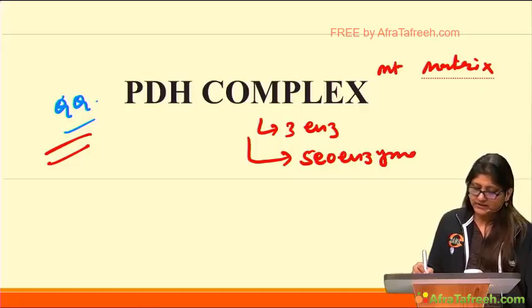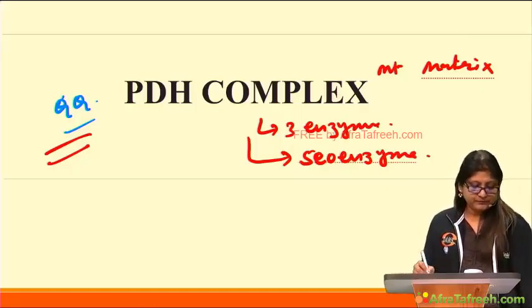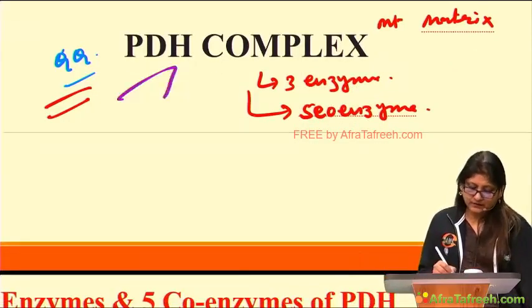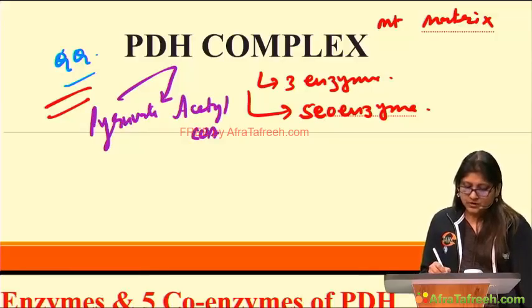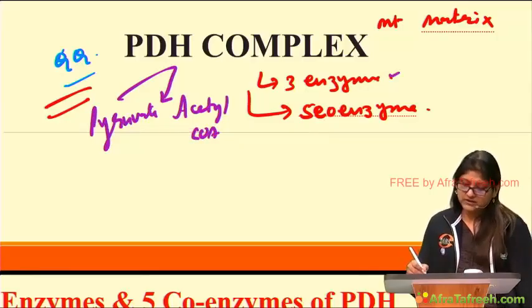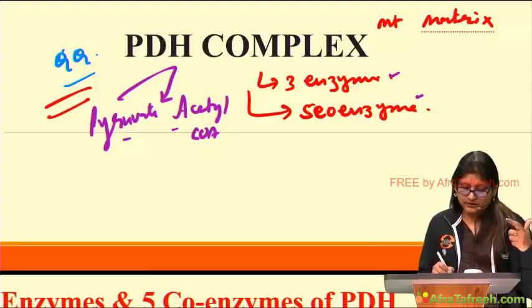And what is this PDH complex doing? It is converting pyruvate to acetyl-CoA. So a lot of equipment is required: 3 enzymes and 5 coenzymes, which collectively convert pyruvate to acetyl-CoA.